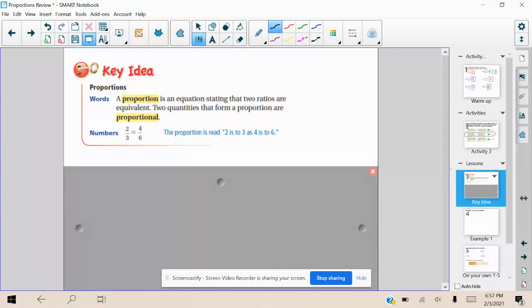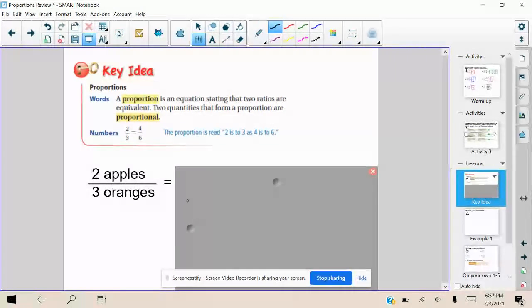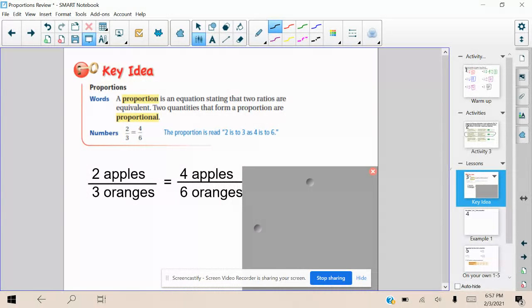And you might have heard this from a while ago, but in more real life scenarios. So for example, if we have 2 apples and 3 oranges, well, that's the same ratio. That's proportional to 4 apples and 6 oranges. How did we get from 2 to 4 and 3 to 6?